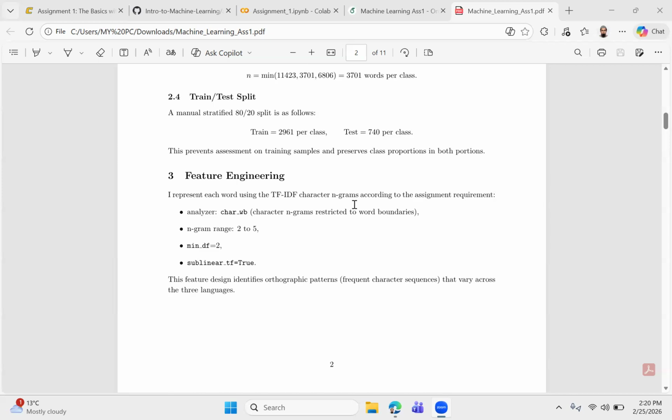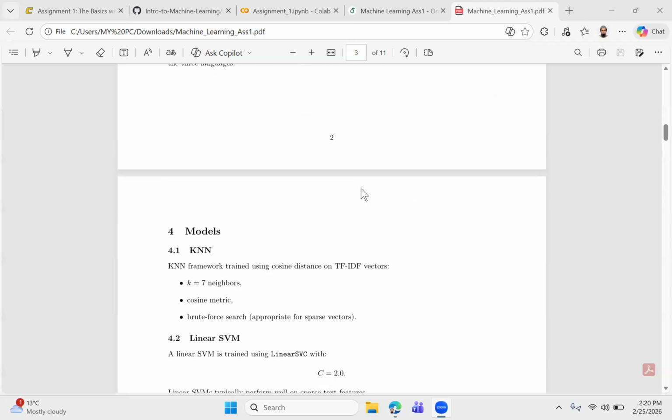This feature design identifies orthographic patterns that vary across the three languages. Also, char_wb restricts n-grams within word boundaries, which improves language cues.